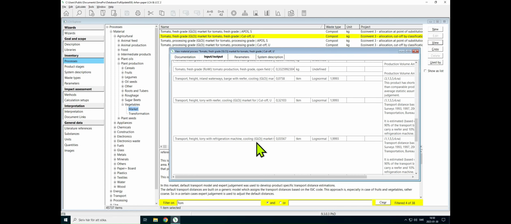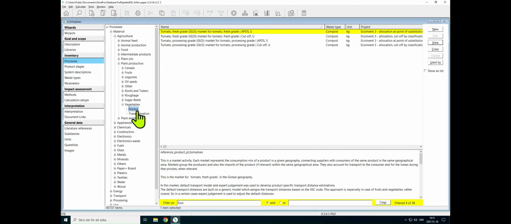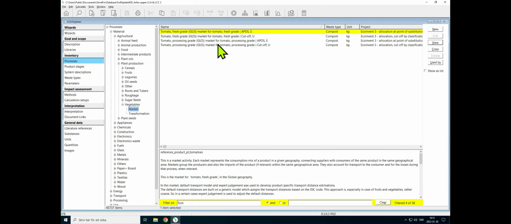This is a big difference: in the transformation case, the data set represents a single case study, probably a production at a particular location or in a particular country. Whereas in the market case, the data set represents parts of the other data sets, or parts of the transformation process data sets.